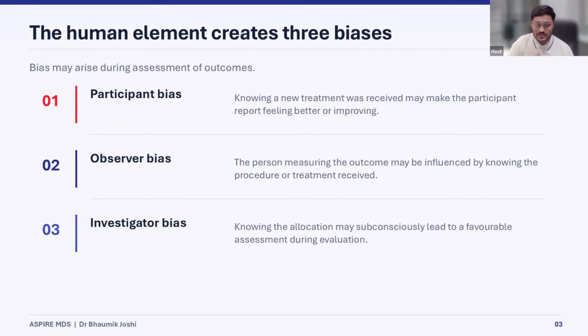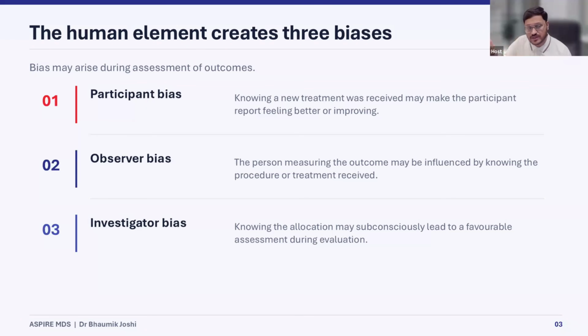Then comes observer bias. Observer bias is when the person who is observing the study knows that this group is getting placebo and this group is getting the actual drug, then also he'll have this bias in his mind. And the investigator, once the study is over, the person who is investigating, if he knows that allocation is as per this, group A has the drug, group B has the placebo, then in the results also we'll see the difference.